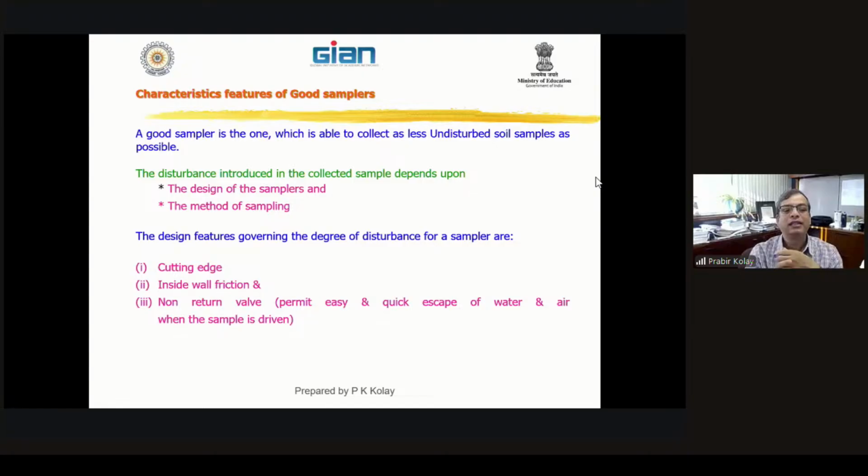Now, obviously, if you want to collect an undisturbed sample, the thickness of the sampler should be very thin, and there should be a cutting edge. The design features governing the degree of disturbance, such as the cutting edge and inside wall friction, are also important. And the non-return valve we also need to check.